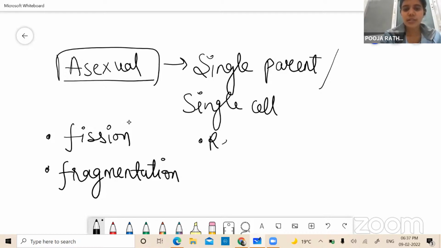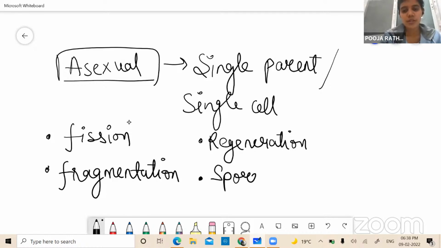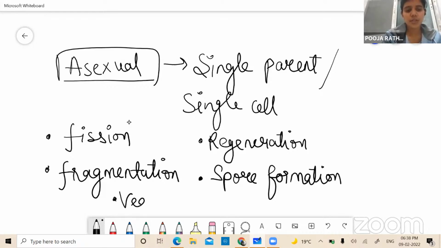Third is regeneration. Fourth is spore formation. And the fifth one is vegetative propagation.